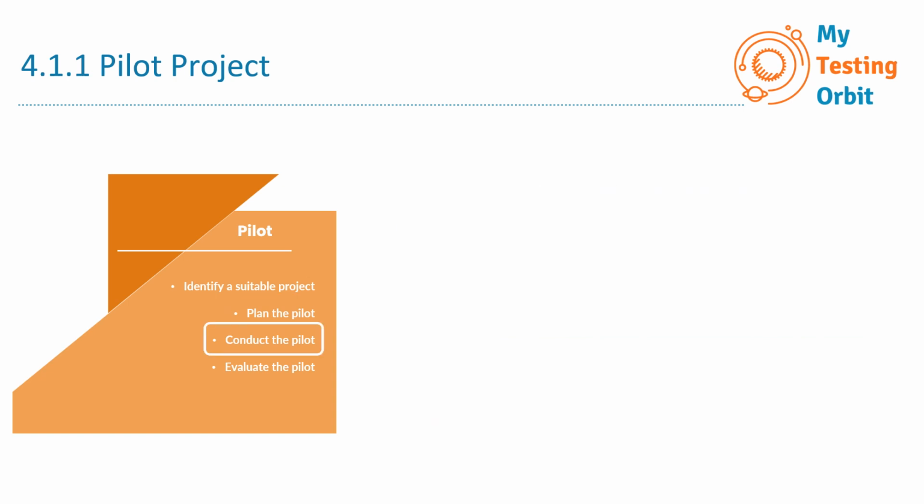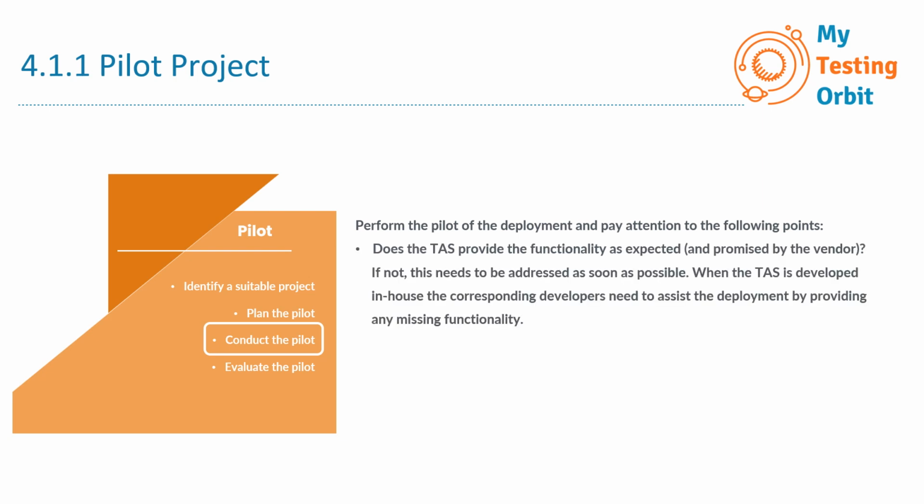Next step is conduct the pilot. Perform the pilot of the deployment and pay attention to the following points. Does the TAS provide the functionality as expected and promised by the vendor? If not, this needs to be addressed as soon as possible. When the TAS is developed in-house, the corresponding developers need to assess the deployment by providing any missing functionality.